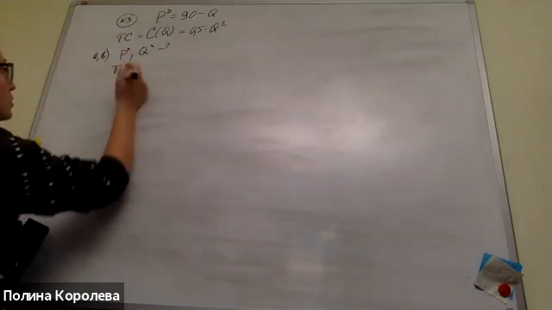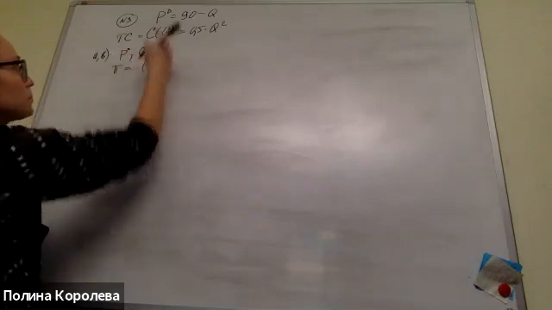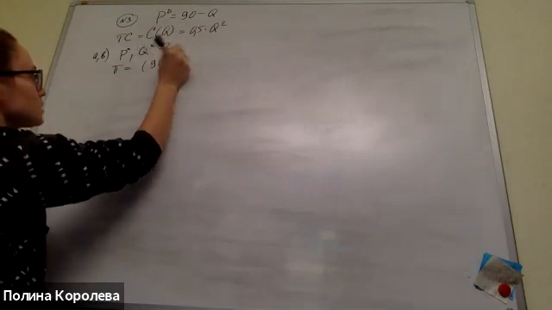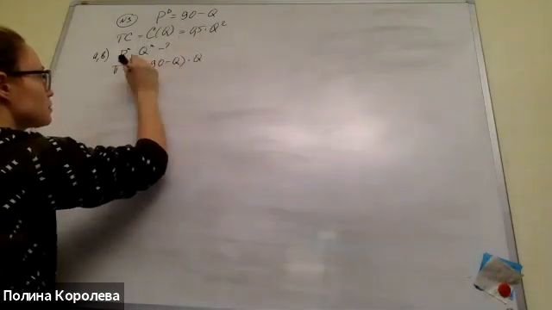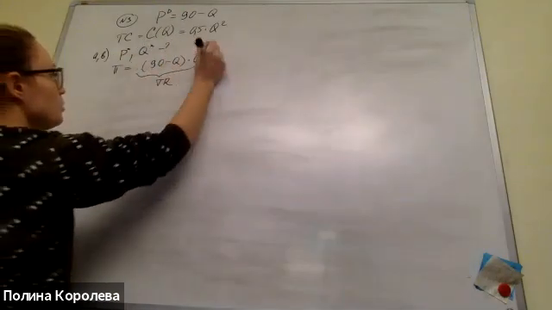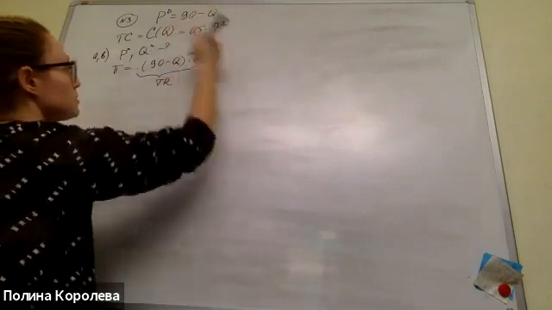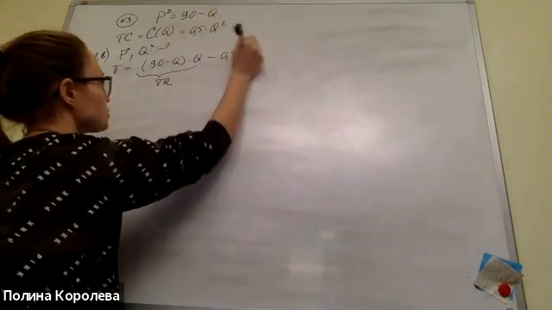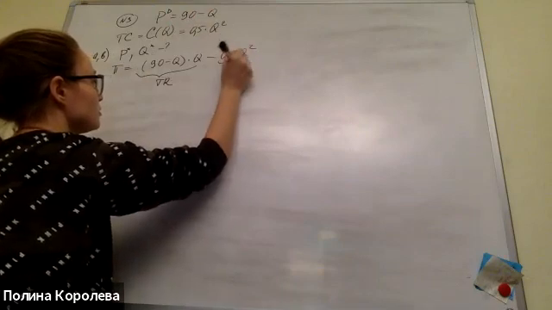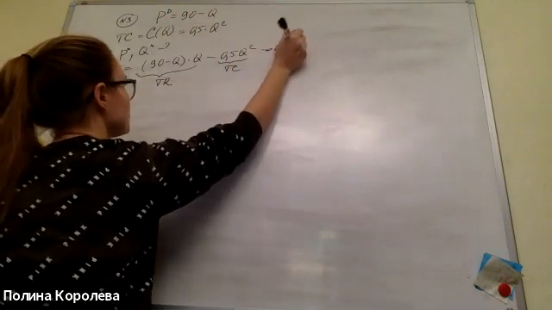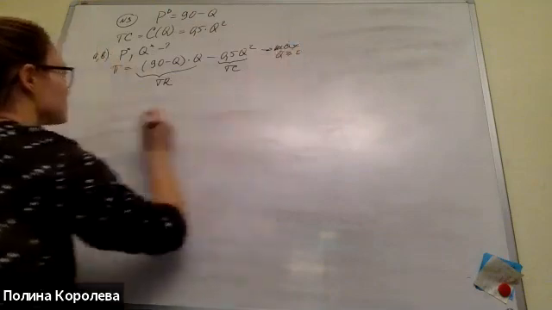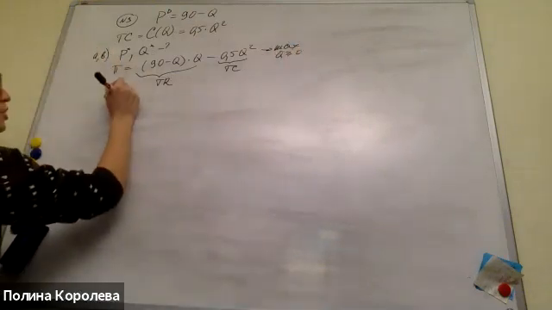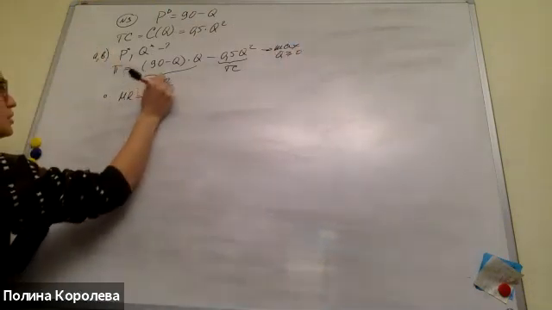Profit maximization program: total revenue, inverse demand 90 minus Q multiplied by Q, minus total cost, this function 0.5 Q square. Then we maximize this by choosing quantity greater or equal than 0. So our step: marginal revenue should be equal to marginal cost.